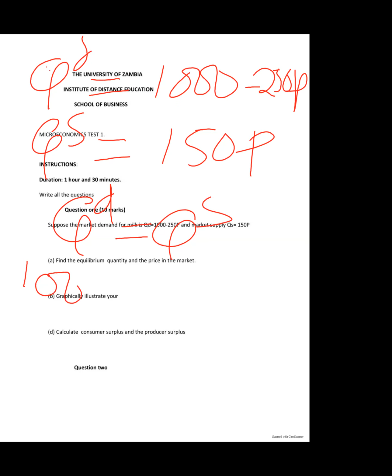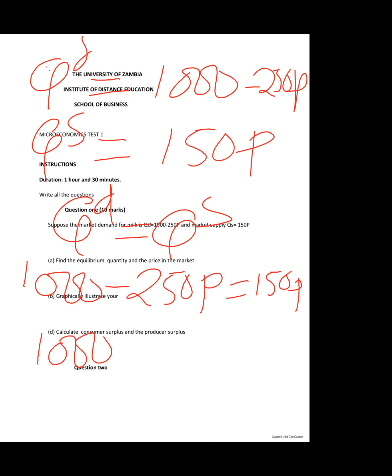So you say 1,000 minus 250 P should be equal to 150 P. From here, you basically solve for P. Making P the subject of the formula, you have 1,000 equal to 150 P plus 250 P. And so you have 1,000 equal to 400 P, since 150 plus 250 gives us 400.